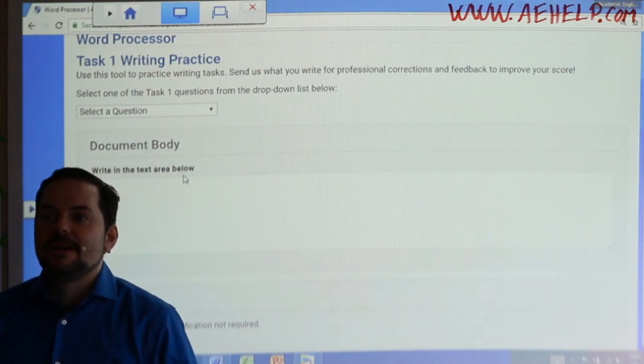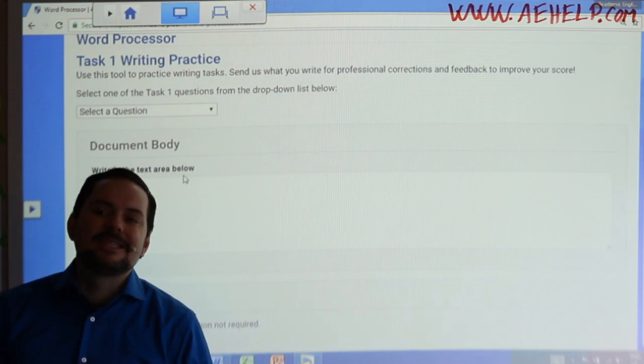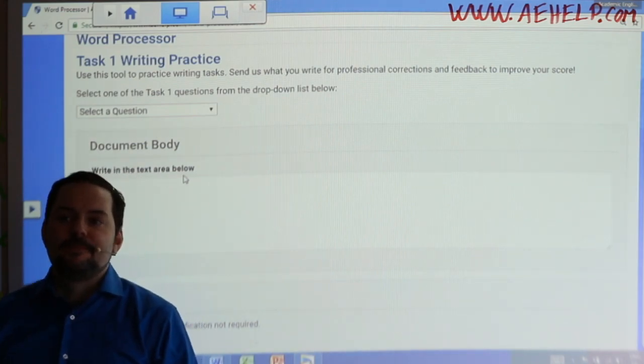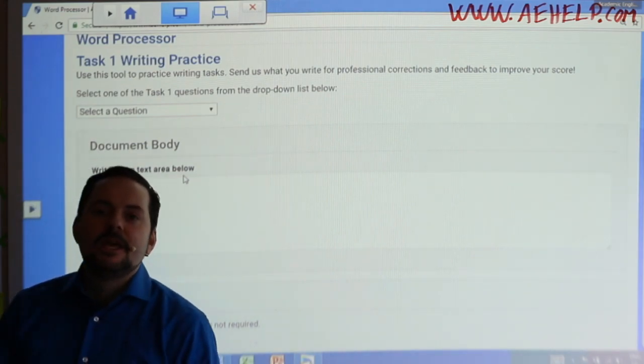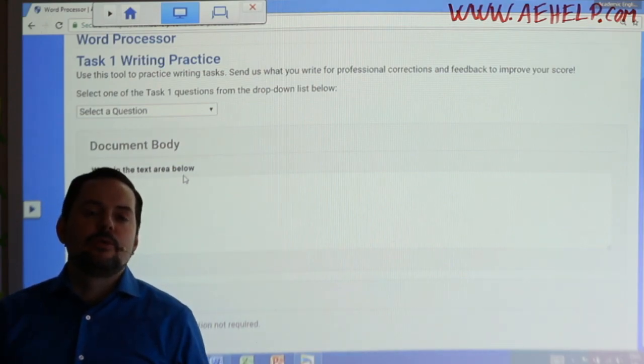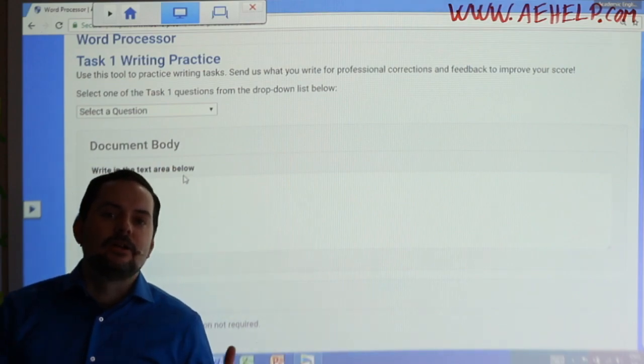Charts, bars, diagrams, stages, maps, and tables. Maps is actually a type of diagram. The reason this is important is because each one has a different style of writing.